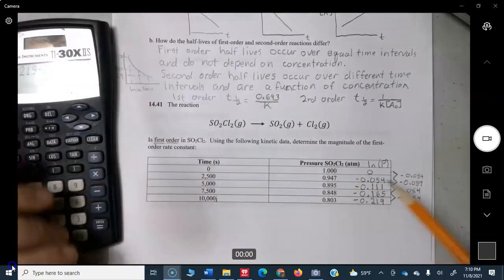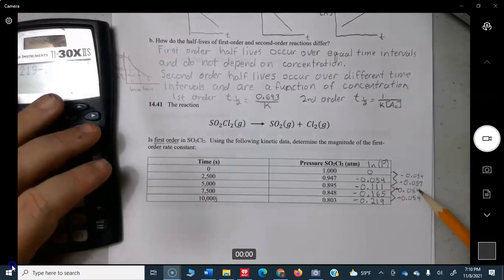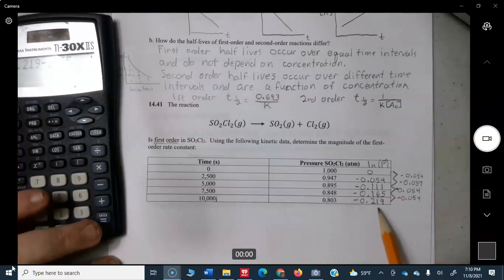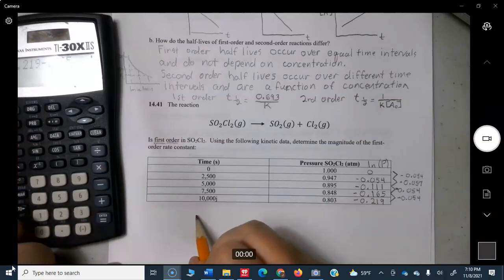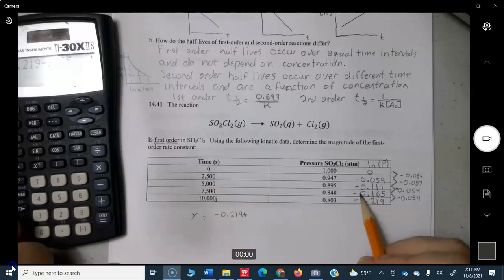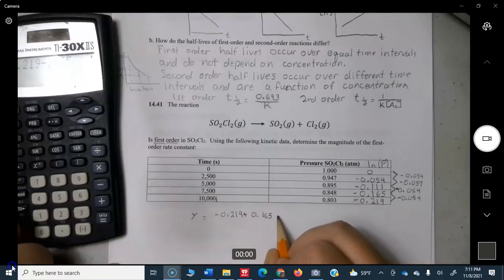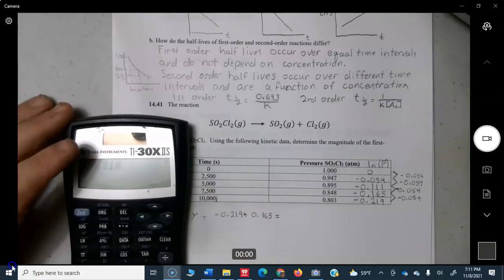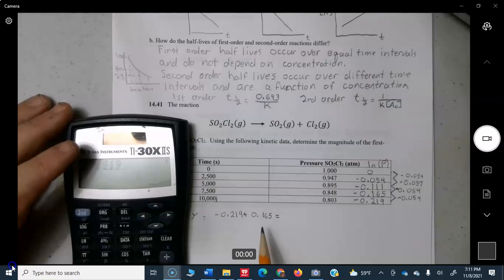So the way to find the slope of that straight line is to pick any two of these points. Because this is a straight line, I'll pick these two down here. The y component of the slope is going to be, I'm doing a minus negative here, negative 0.219 minus negative 0.165.